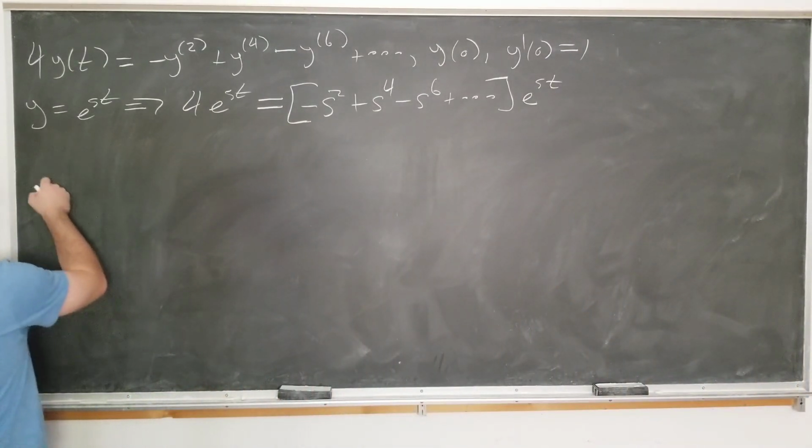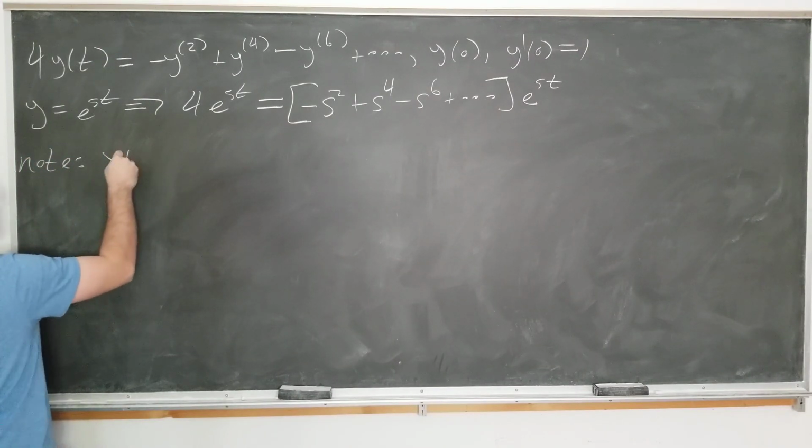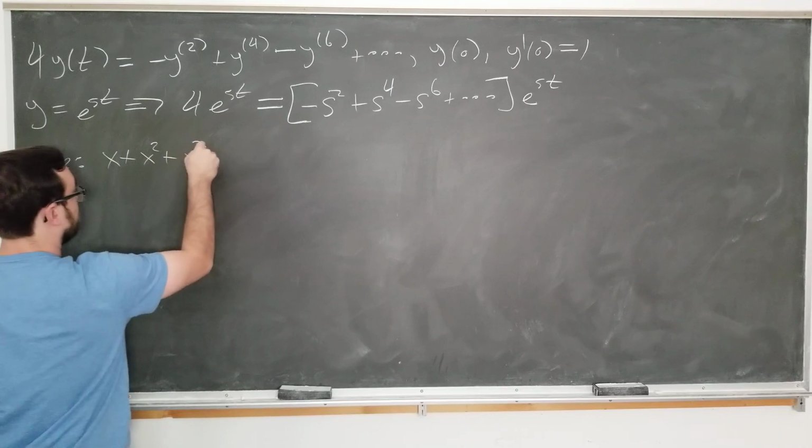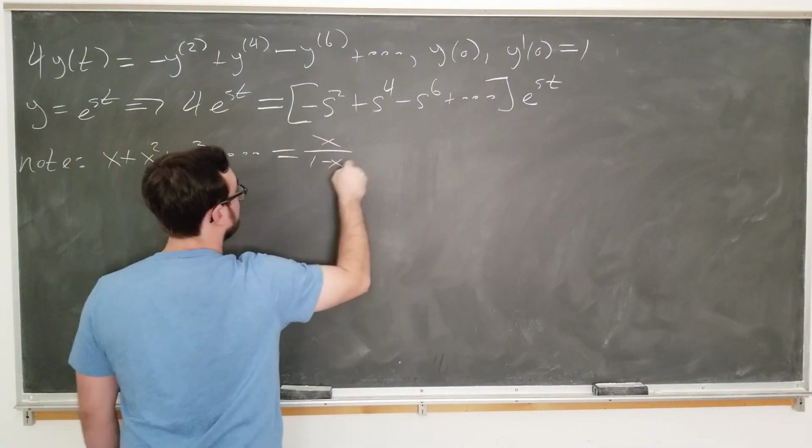So if we have this, we had x plus x squared plus x cubed, etc. is equal to x over 1 minus x.